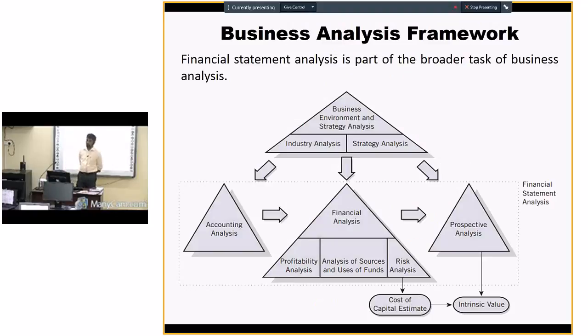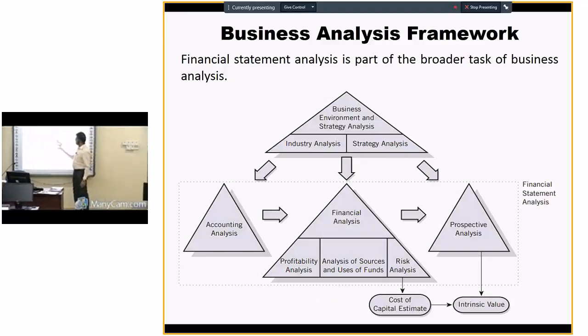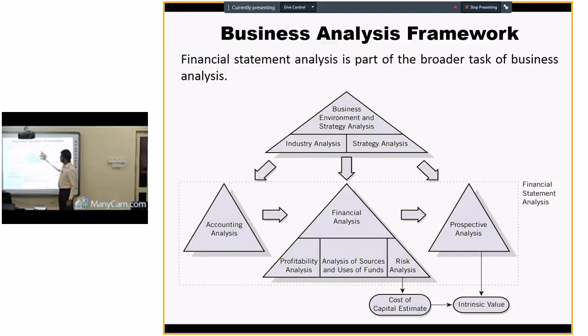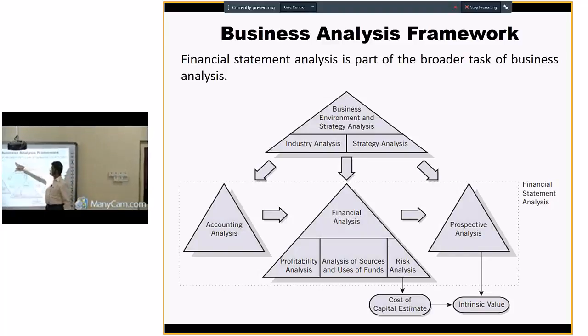This is called the business analysis framework, not the financial statement analysis framework. This is a business analysis framework. Now you can see these components. Under business analysis, you can see this definition: financial statement analysis is a part of the broader task of business analysis.